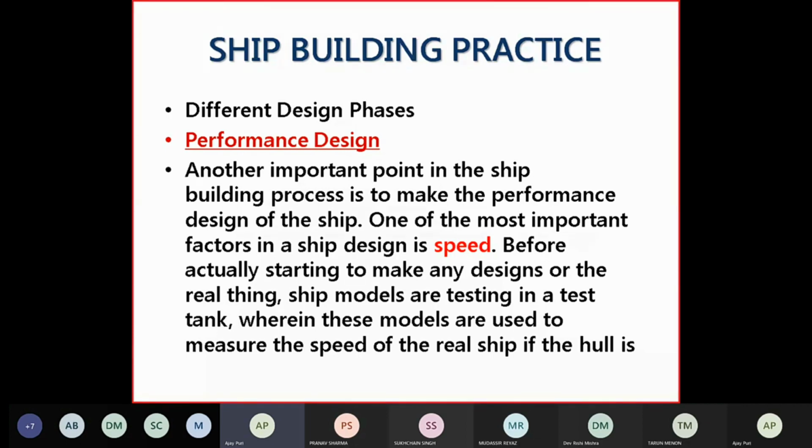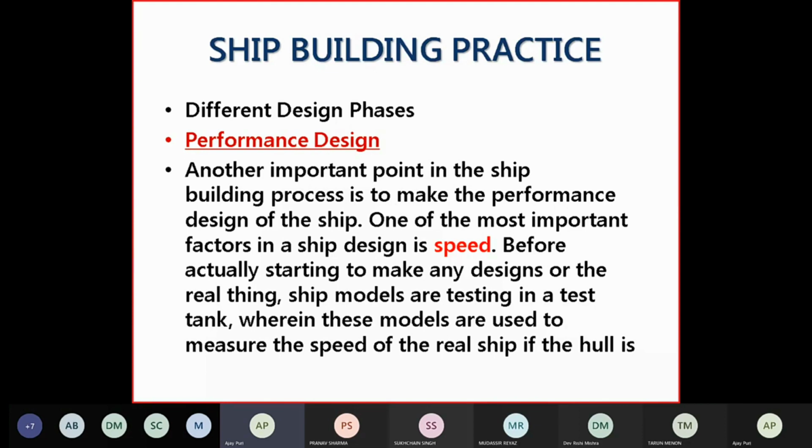So before actually starting to make any design, the models are tested in a tank, and these models basically have the dimensions as per required basis on a very small scale.